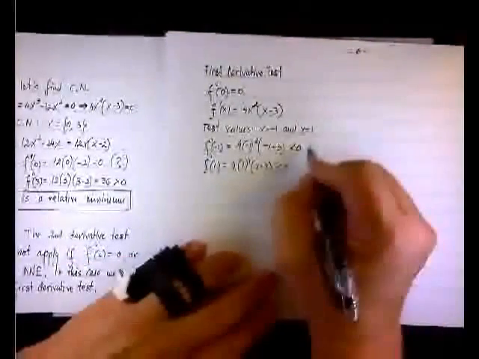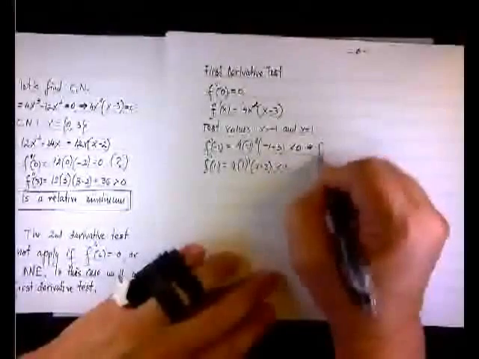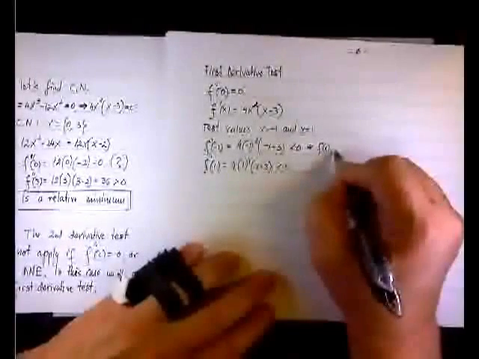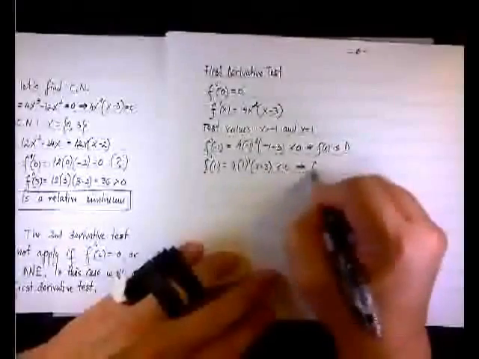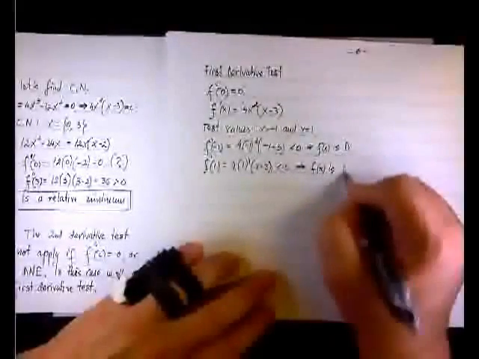So from here we get f of x is decreasing, and here also f of x is decreasing.